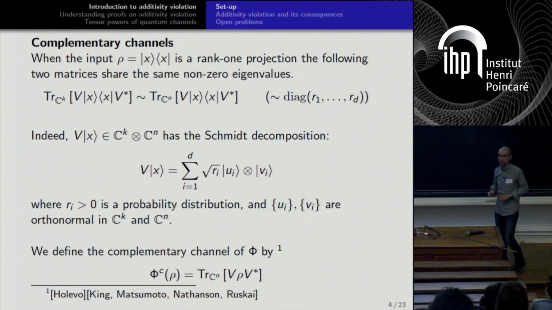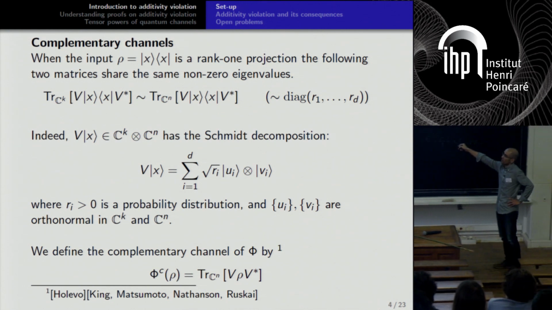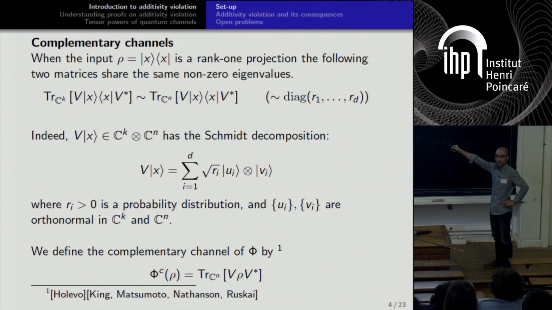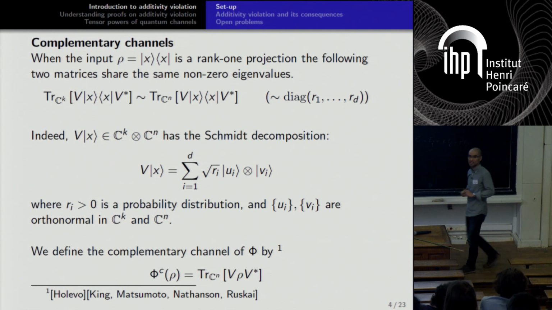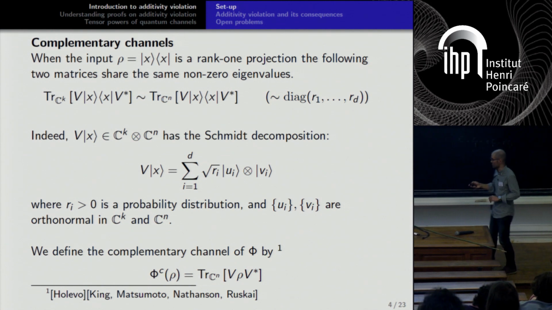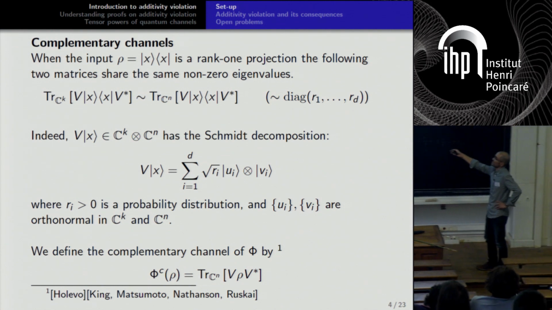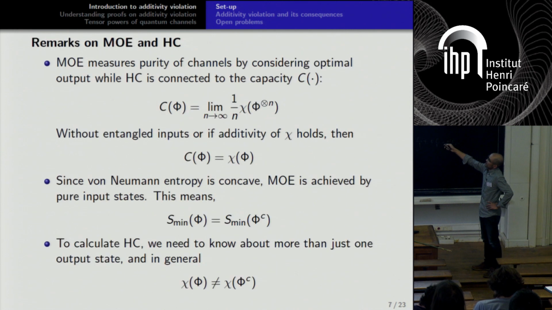Then of course we would like to work on the smaller space, and in some problems we can fix this k to be finite and take n to infinity. Then we can keep track of the behavior of non-zero eigenvalues of outputs of quantum channels. Anyway, this idea of the complementary channel is important if we think of this inequality.